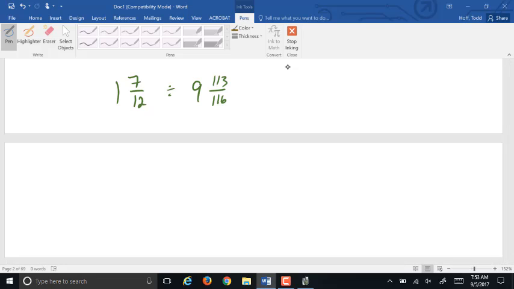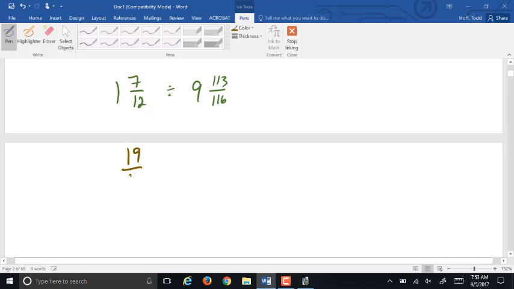What are we going to do next? Improper fractions. I'll do the 1 and 7 twelfths. That's 19 twelfths. How about 9 and 113 over 116? Well, 9 times 116 is what? 1,044.